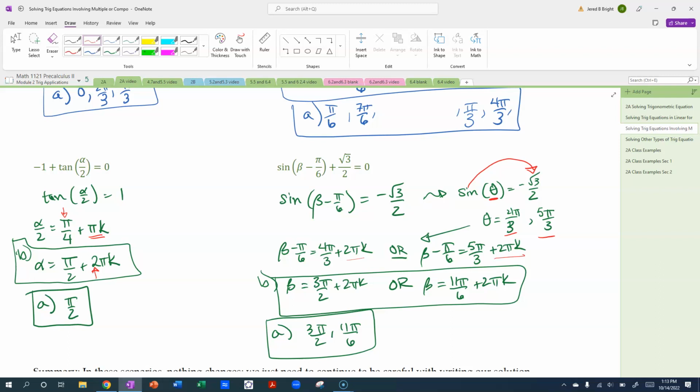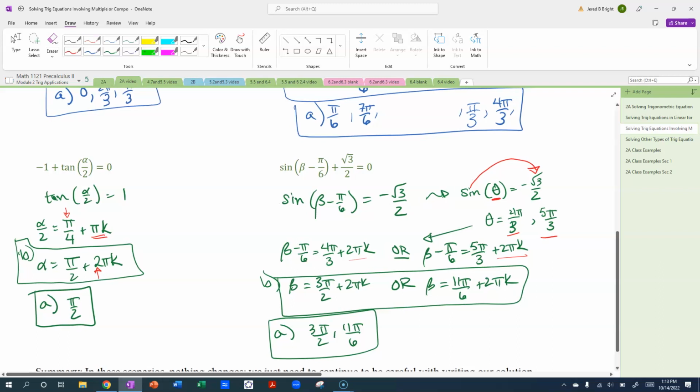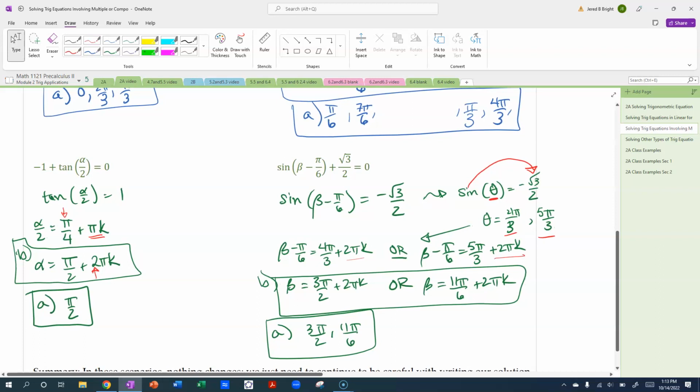But anyway, you reduce, you get 3 pi over 2 and 11 pi over 6 for the other one, plus 2 pi k, and that would be all possible solutions. And then for your specific solutions within the unit circle, it's just 3 pi over 2 and 11 pi over 6. All right, so now we have some more trig equations under our belt, and there might be a few more that we might be able to work through.